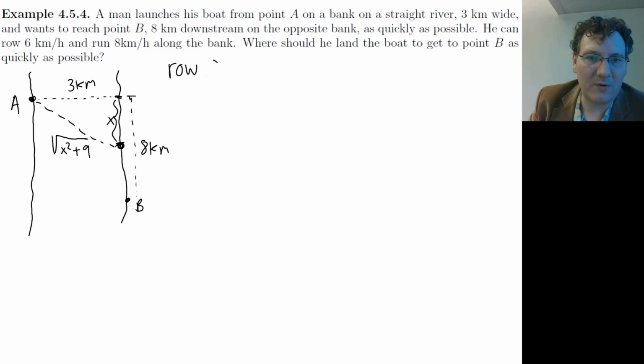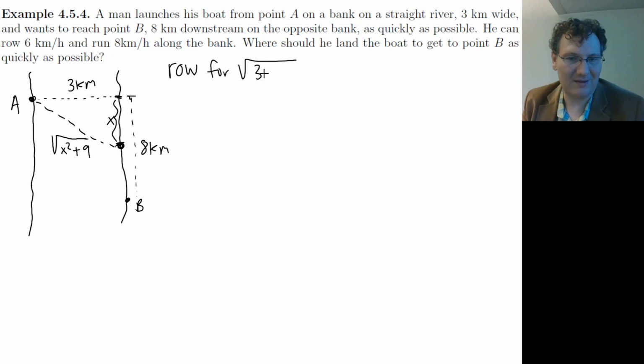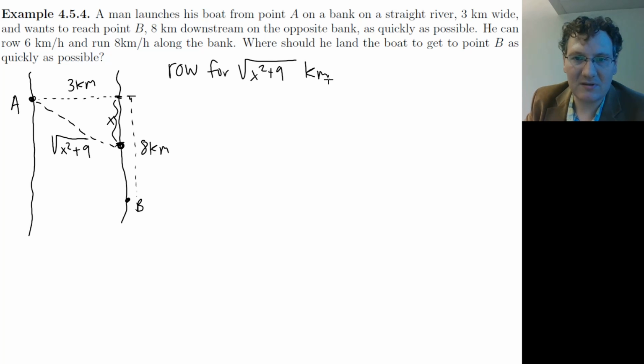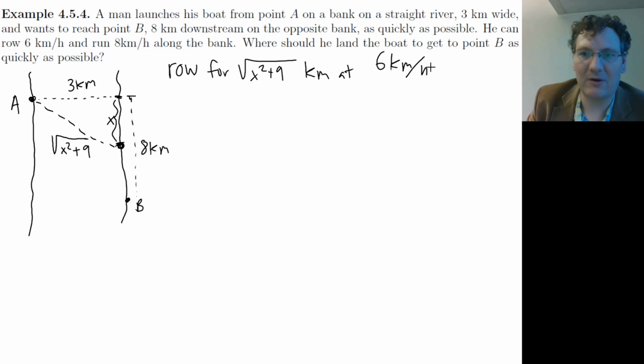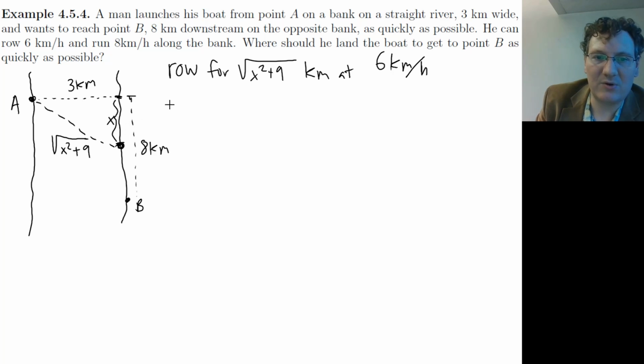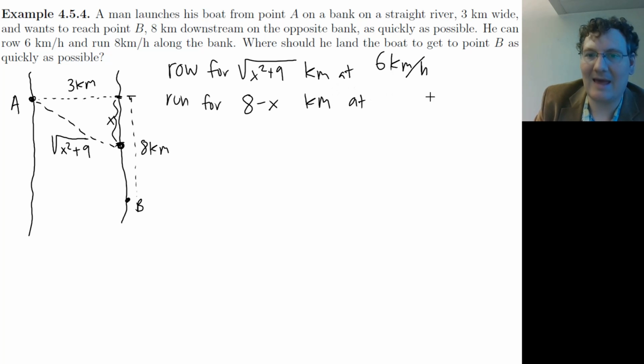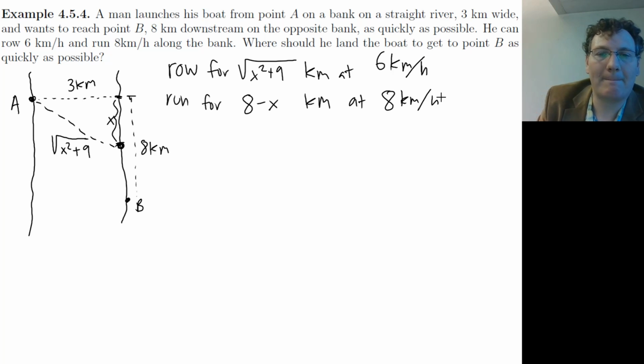So he's going to row for square root of x squared plus 9 kilometers at 6 kilometers per hour. And he's going to run for, what's the remaining distance? It would be 8 minus x kilometers at 8 kilometers per hour.